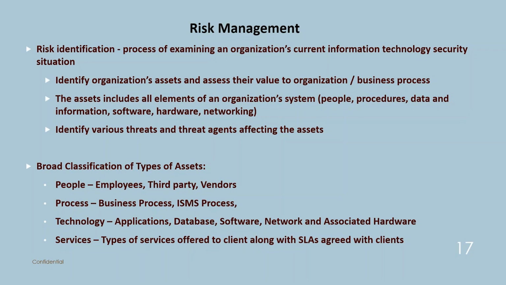Threats could be natural, like it could be fire, or it could be earthquake, or it could be volcano, or it could be flooding due to a tsunami, for example, or it could be caused by human beings, like theft, or it could be some sort of a phishing attack, which is a combo of technology plus human, or a ransomware attack, or it could be an asset which has failed and there is a breakdown of a critical asset.